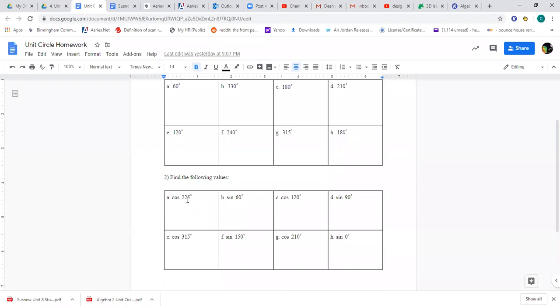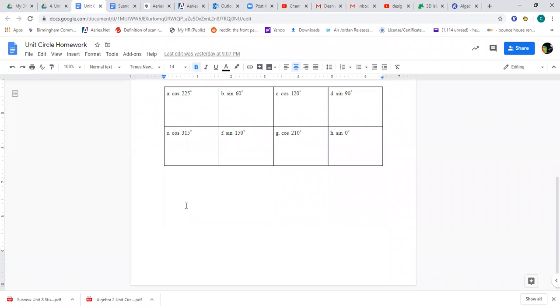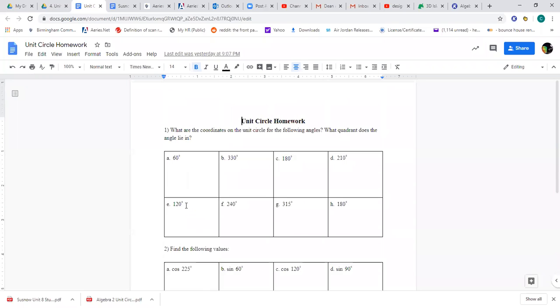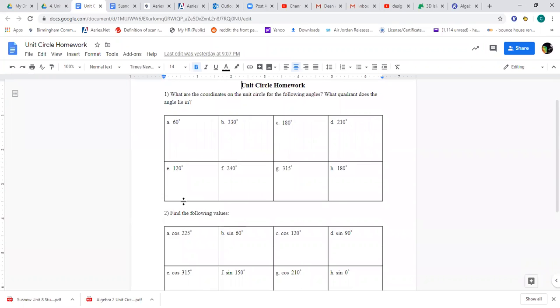And then number 2, you just find me the sine and cosine. Remember, sine is y, cosine is x. Find the angles and put the coordinate. And that's it. That's all the homework is today. This should take you 10 minutes at the most, right? So don't wait until tomorrow to do it. Do it now. Turn it in.